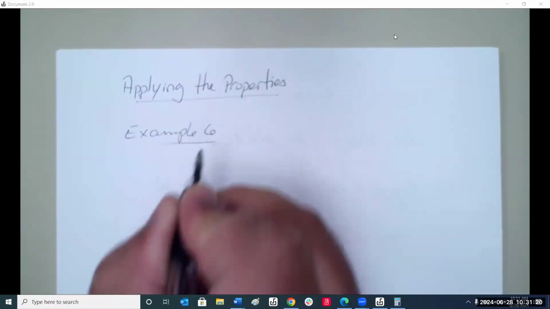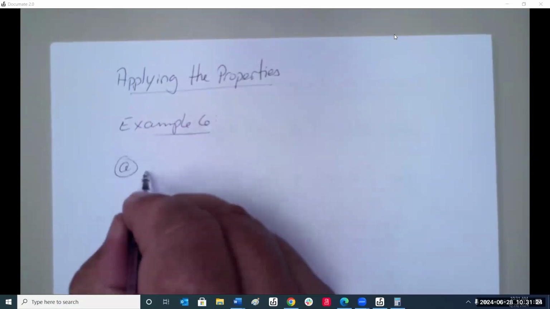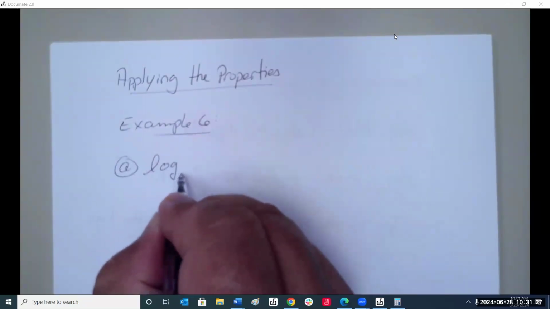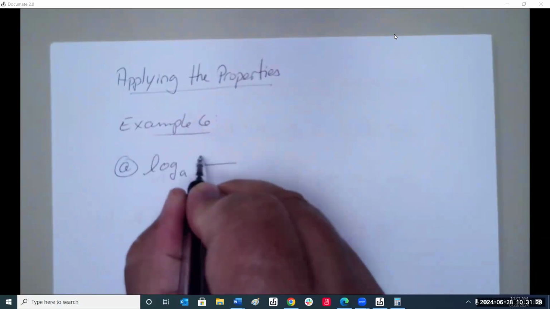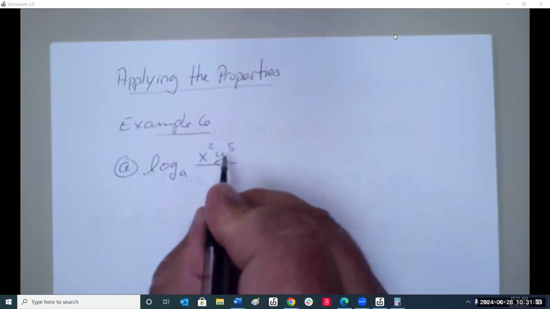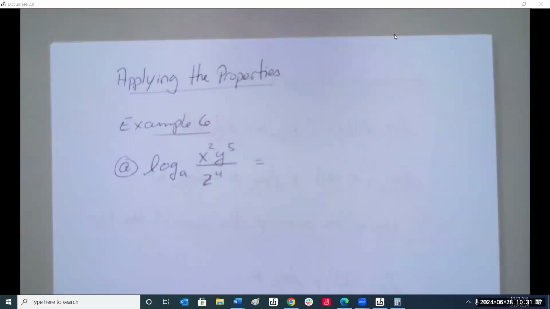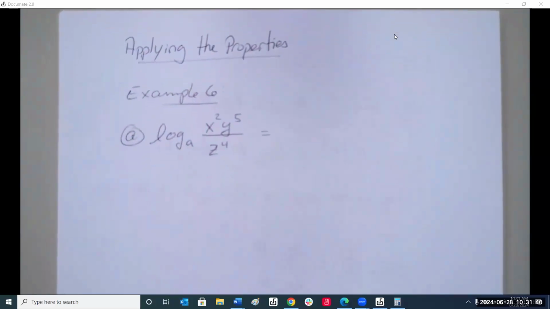Example 6. A. Log base A of x squared, y fifth, z fourth. Express all of these as sums and differences.